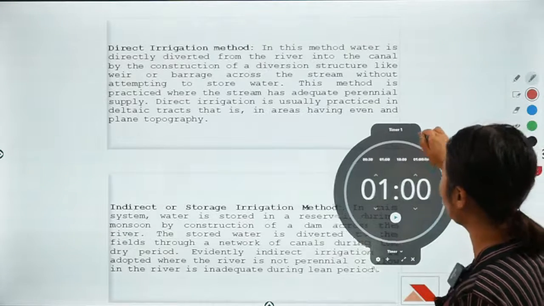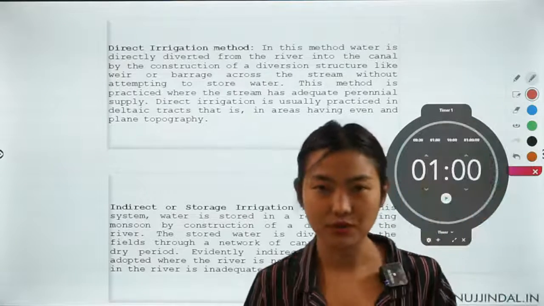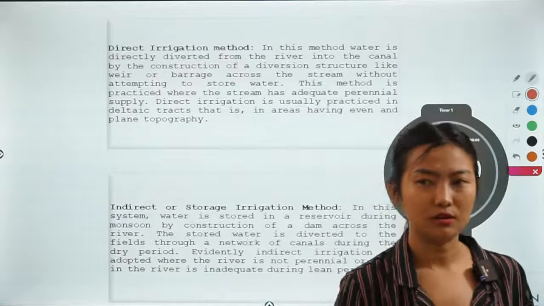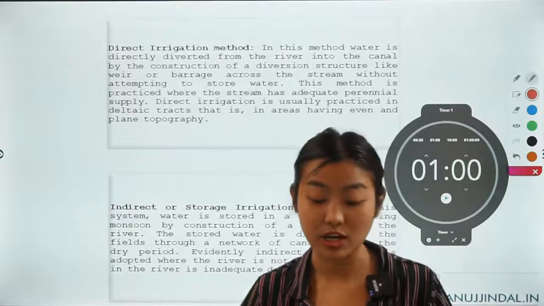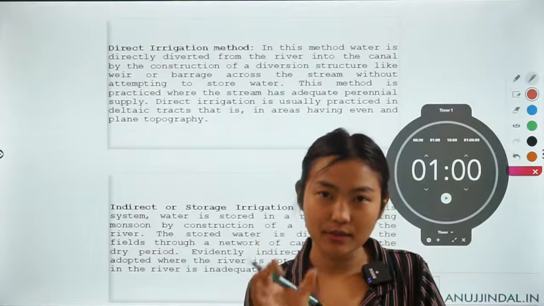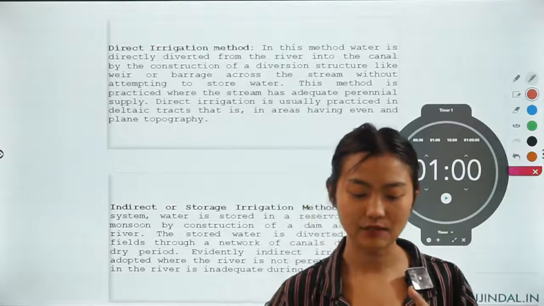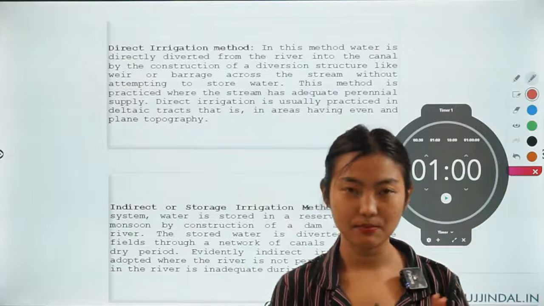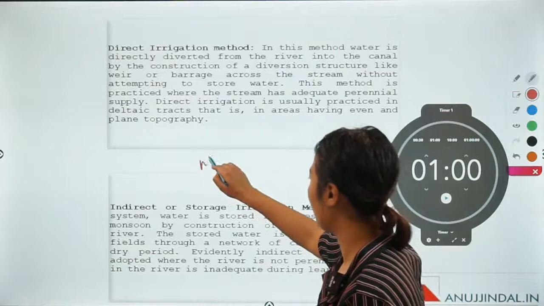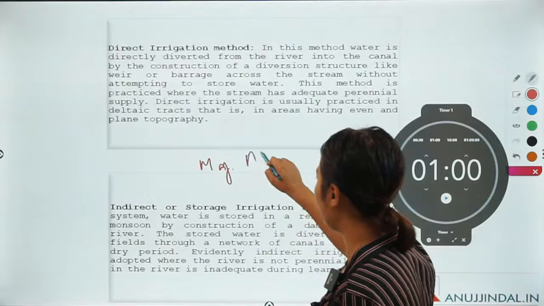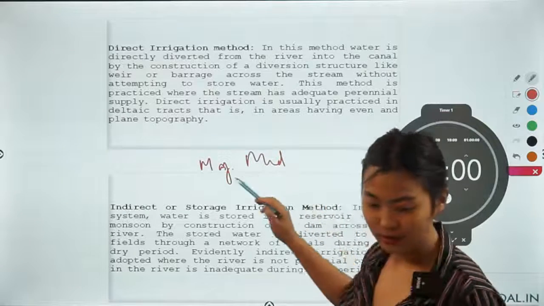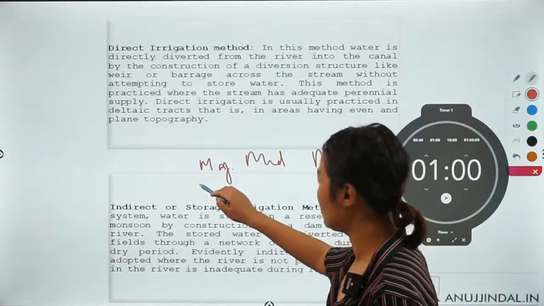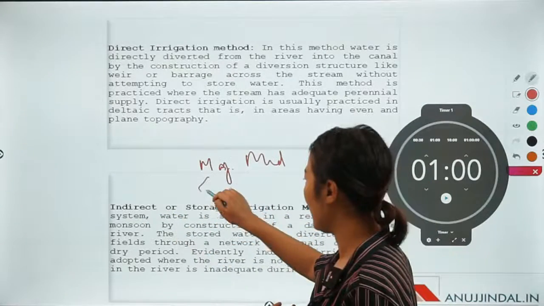Before going to direct irrigation, these irrigation projects, I think also came in the phase one exam, on minor irrigation. On the basis of cultural command area, irrigation projects are divided into three: major, medium, and minor. Major is when the area is more than 10,000 hectares.